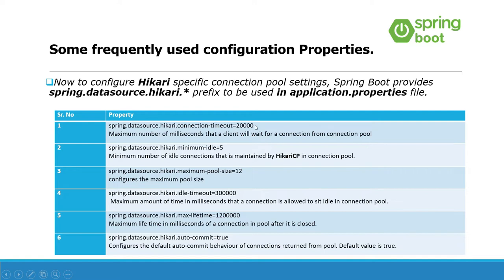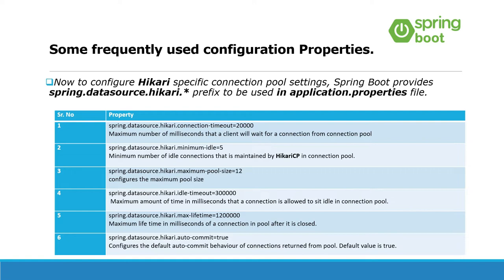This time is in milliseconds, so if you convert it into seconds, 20,000 divided by 1000 means 20 seconds. This is the maximum number of milliseconds that a client will wait for a connection from the connection pool. First of all, we need to understand why we require a connection pool. If you have a web-based application, you might be getting multiple requests at a time.